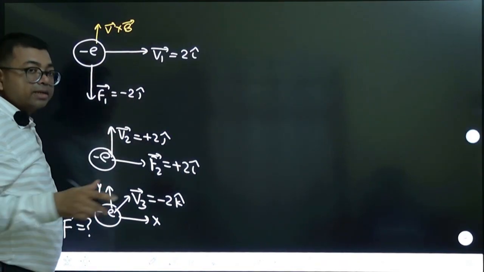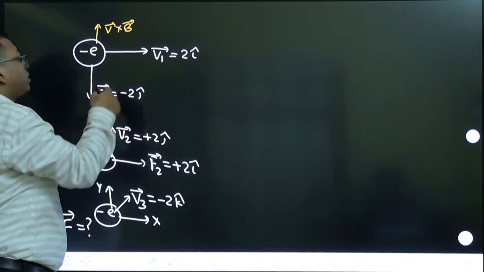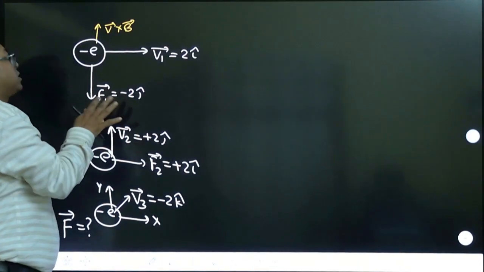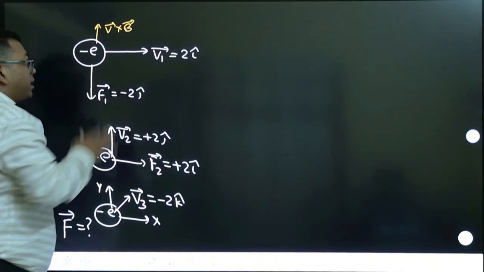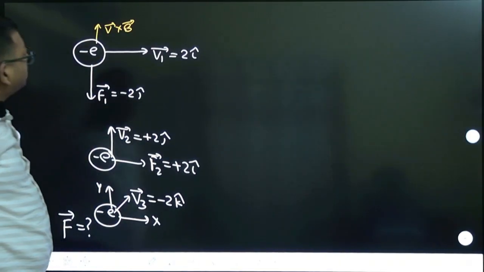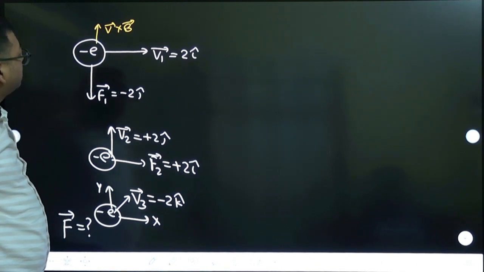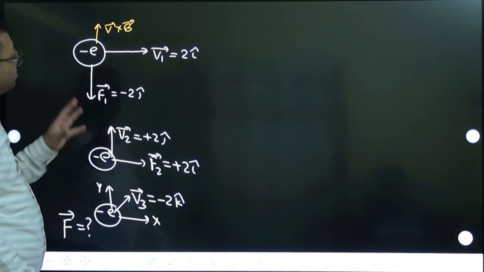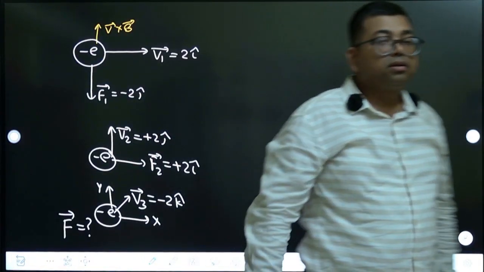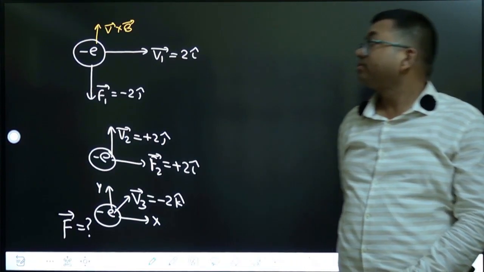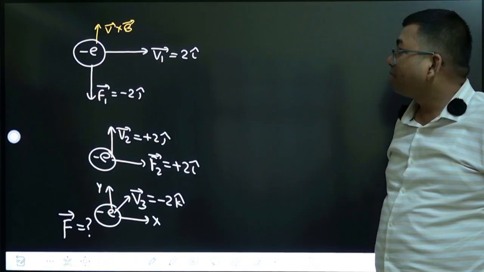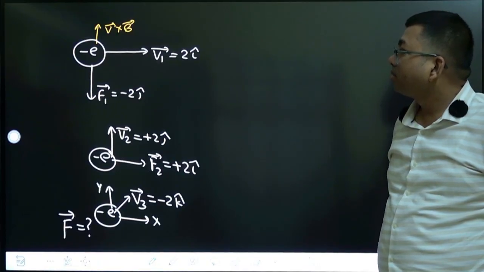Because the electron is a negative charge, so V cross B must come upward and the force must be opposite of that. So this is correct: the magnetic field is inside. That means the minus k cap direction, right? Can we say that? Definitely.